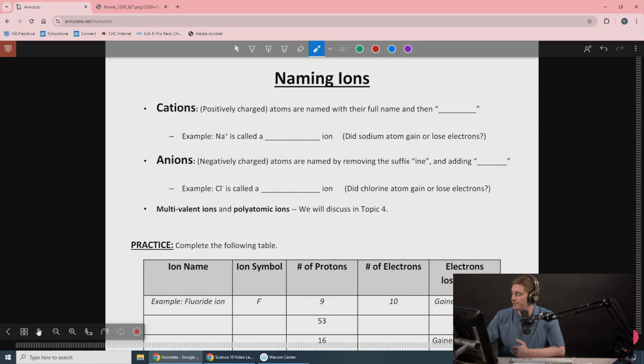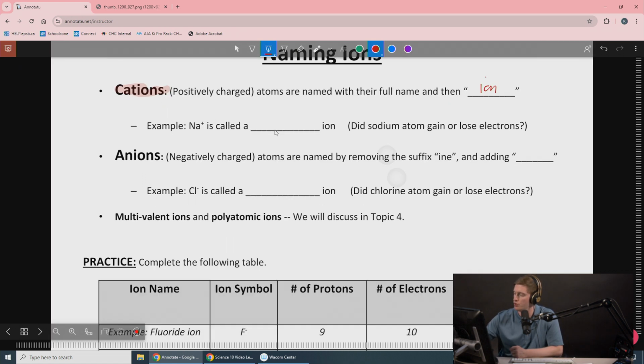Naming ions. Cations, which are our positively charged ions, are named with their full name, and then we just add the word ion on the end. Again, I'll be using red for cations. For example, Na plus is simply called a sodium ion.